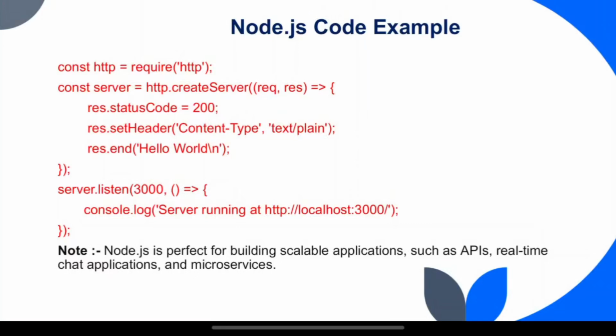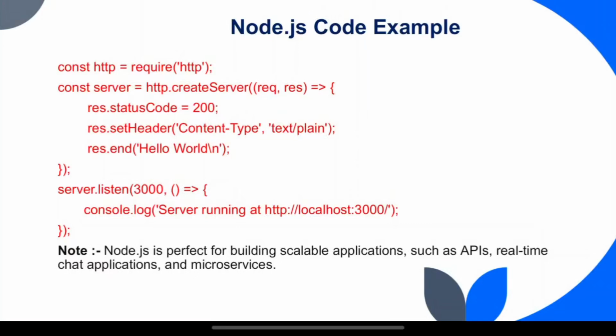Now const http equals require http. We are requiring http. Before that, to have http, please run the command in the terminal: npm install http. Then const server equals http.createServer.